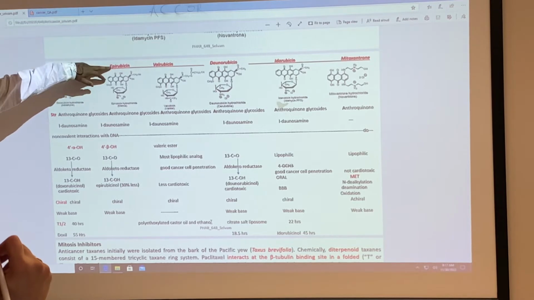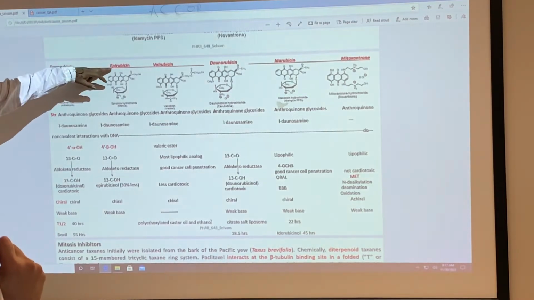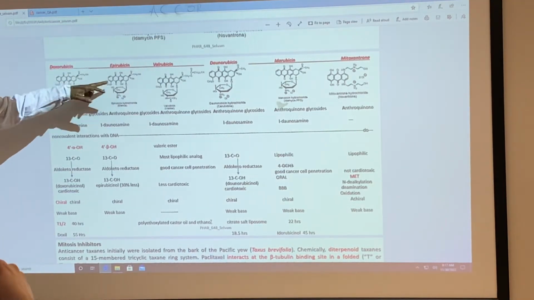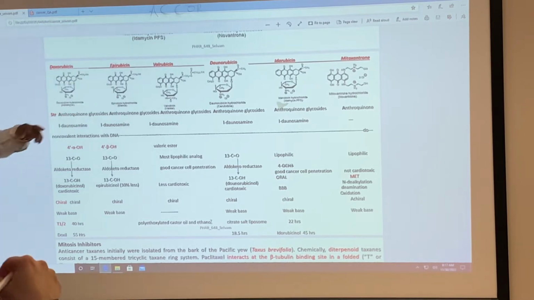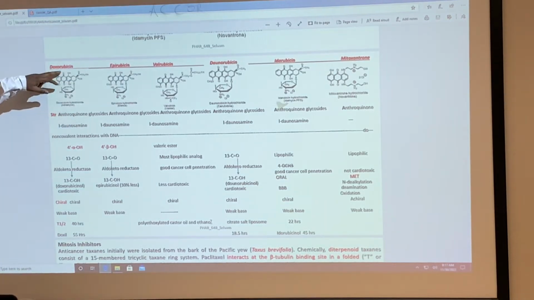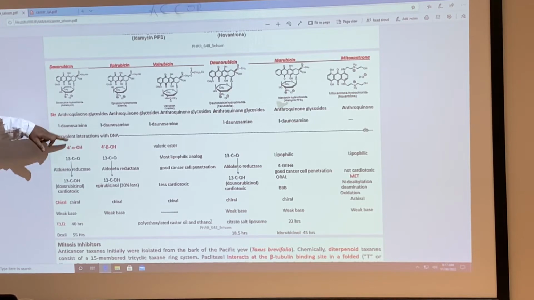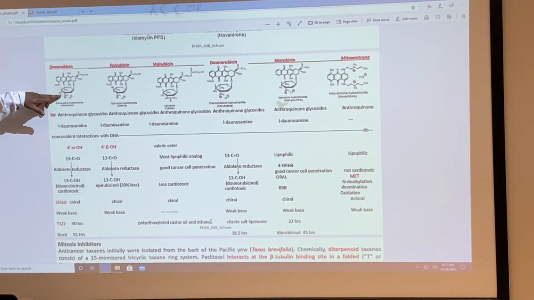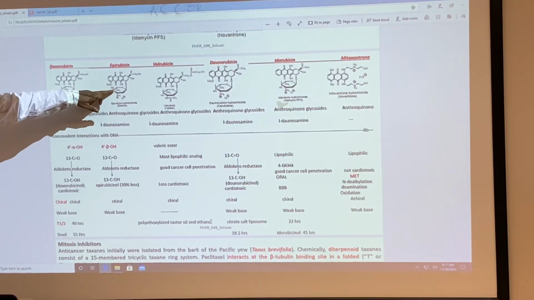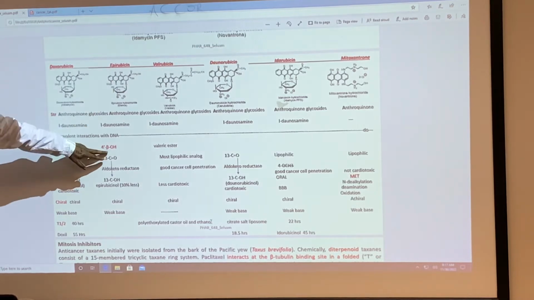Doxorubicin and epirubicin are structurally very similar compounds. The only difference is in the sugar moiety: here the 4-prime is an alpha hydroxyl, and here the sugar moiety has the opposite stereochemistry, a beta hydroxy.